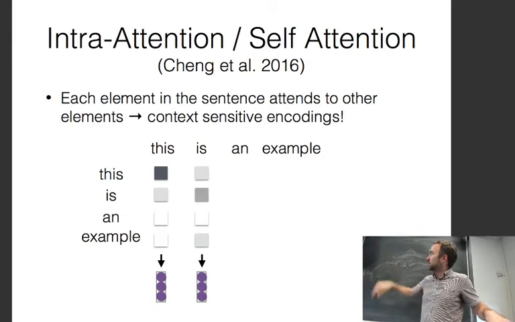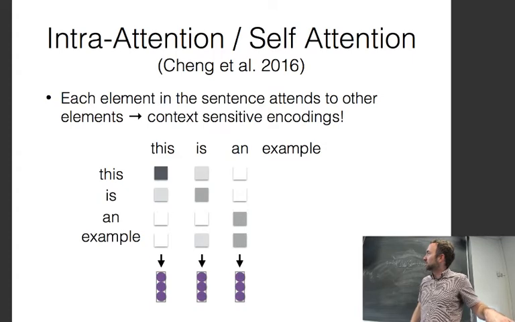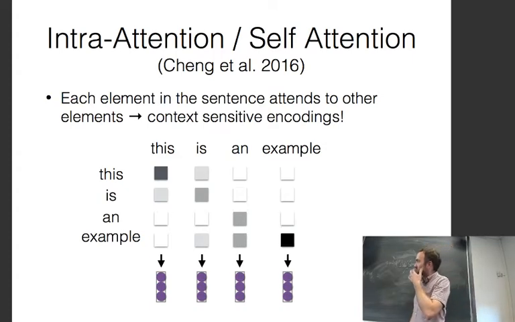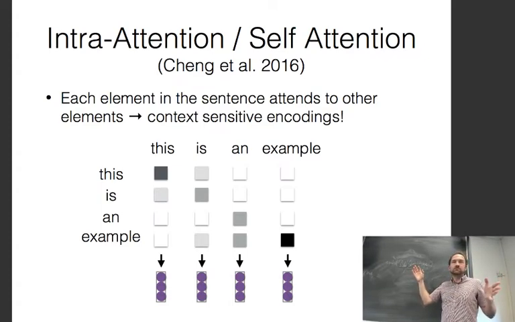When we calculate the embedding for is, we attend to all the other embeddings in the sentence. And the same in an example like this. These are exactly the same sentence, but what they're doing is learning to be context sensitive as opposed to context insensitive.